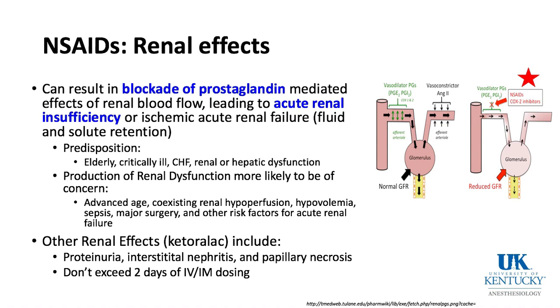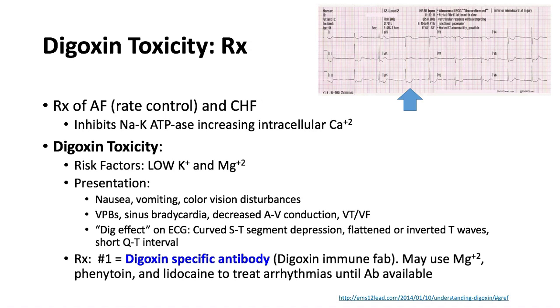The next key word is digoxin toxicity and the treatment of such, and the EKG at the top with the blue arrow shows dig effect. Dig effect on the EKG is curved ST segment depression, flattening or inverted T waves, and a short QT interval. So all across the EKG you see that scooping or dig effect.